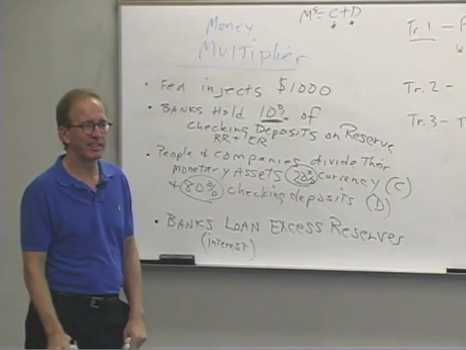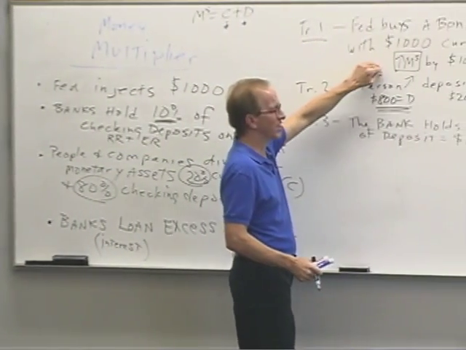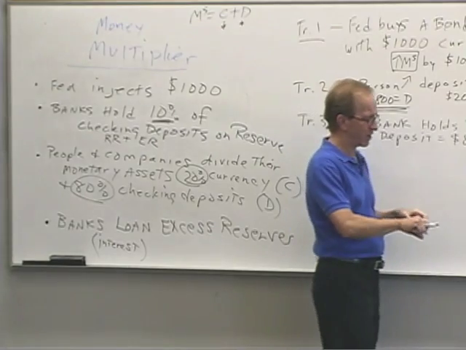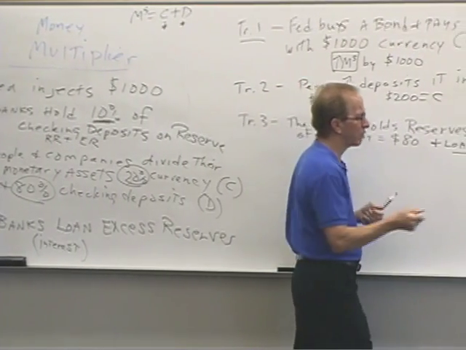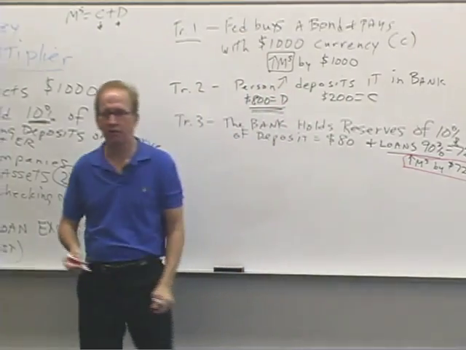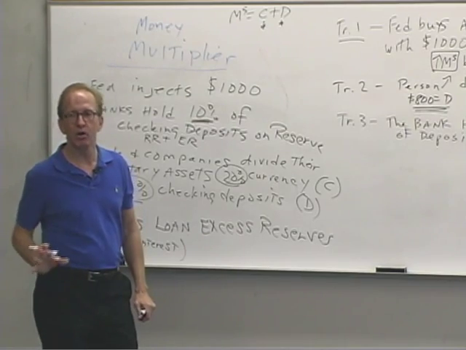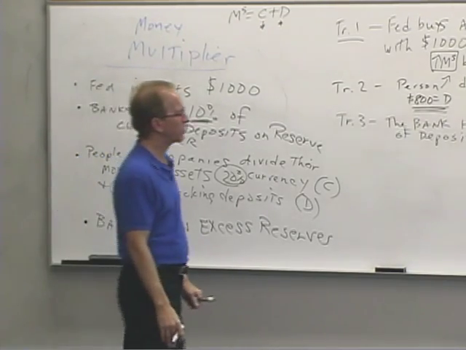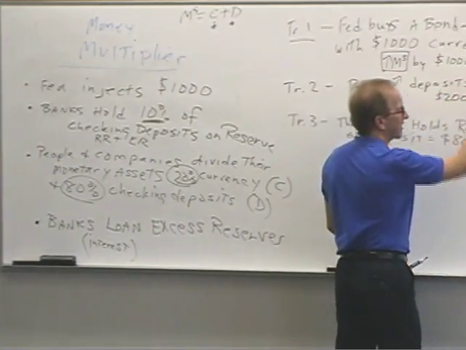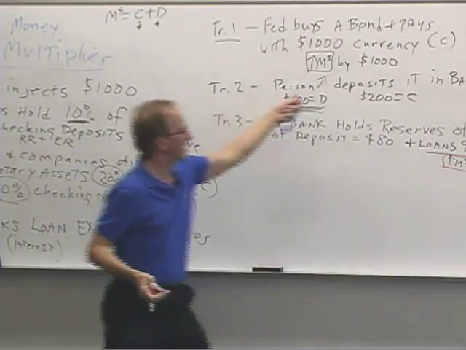Our money supply was $1,000, and now it's risen by $720. What makes this possible is fractional reserve banking. The bank's only holding 10%, and it loans out 90%. And so now, here's $720. The money supply at this point is $1,720.